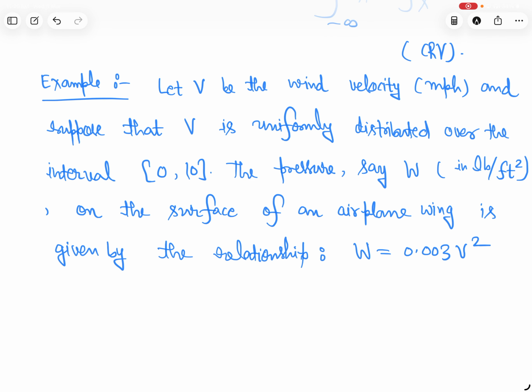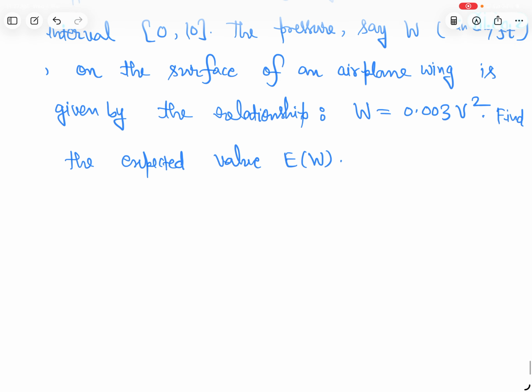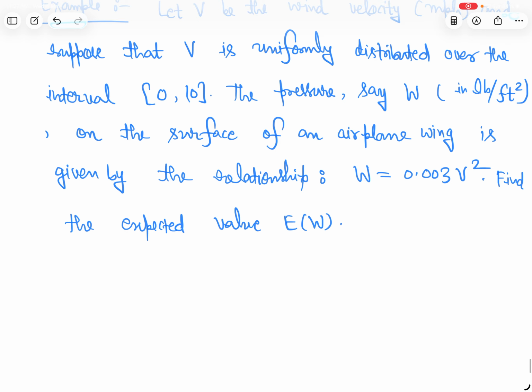Okay. Find the expected value E(W). Okay, we need to calculate this. Solution.